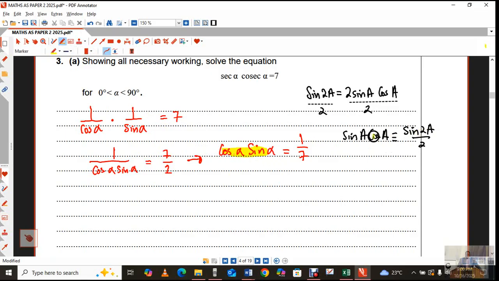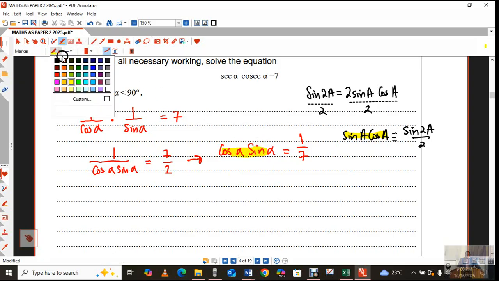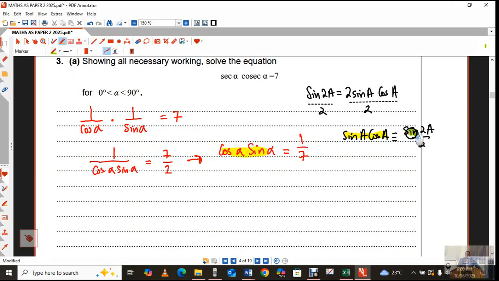This is exactly that. It's just in terms of a. So I'm going to replace this yellow part with this over here. So that is now going to be written as this whole thing, but I'm not going to use a. I'm going to use alpha. It's sine of 2 alpha, divided by 2, is equal to 1 over 7.